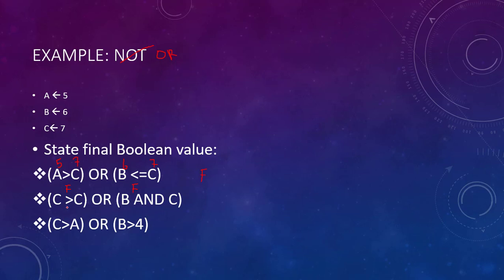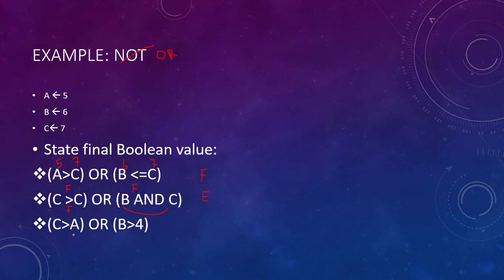Now for the second part, C is greater than C. This will give us false itself because they are not greater. Now we have an AND operator, so we apply the AND operator first. Since these are in brackets, as per BODMAS, you know that you have to execute those in brackets first. Now again here, B and C are two integer values, therefore this will give me an error again.